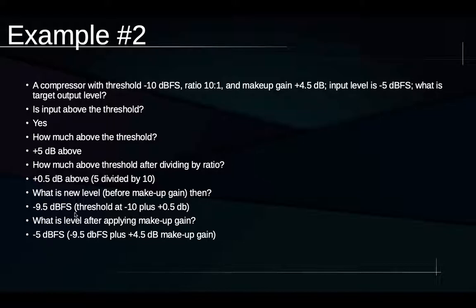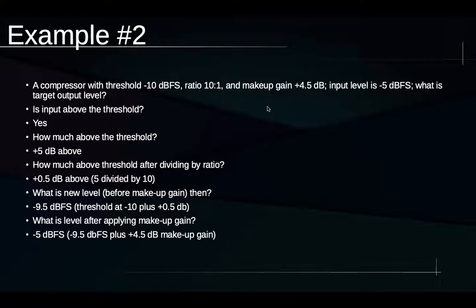So I want to call your attention here to the fact that we were above the threshold, and so compression happened, the levels got pushed down, but then because of the makeup gain, they got pushed up again, and our final output level is the same as our input level. But this is because of this particular combination of parameters.